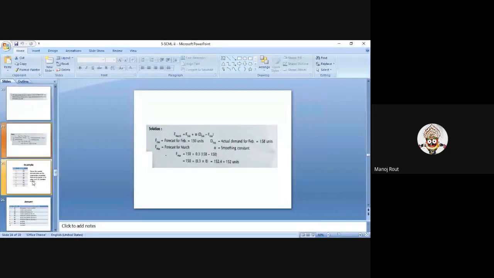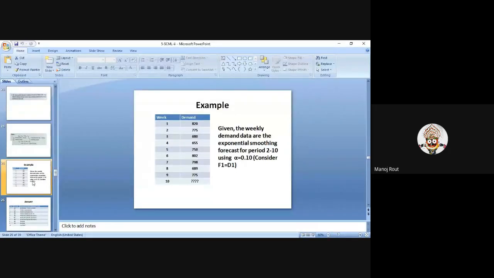So going to the next numerical. Here the data are given in the form of weeks from 1 to 10, and the demand is given from 1 to 9. Using the given weekly demand data, find the exponential smoothing forecast for periods 2 to 10 using alpha equal to 0.10, and consider F1 equals D1.